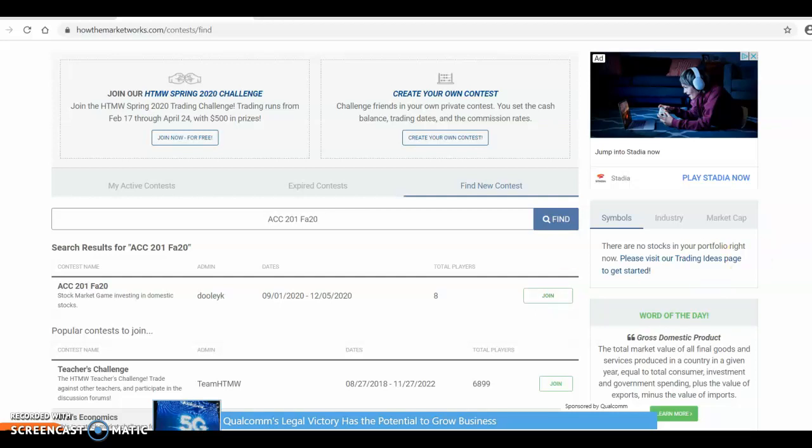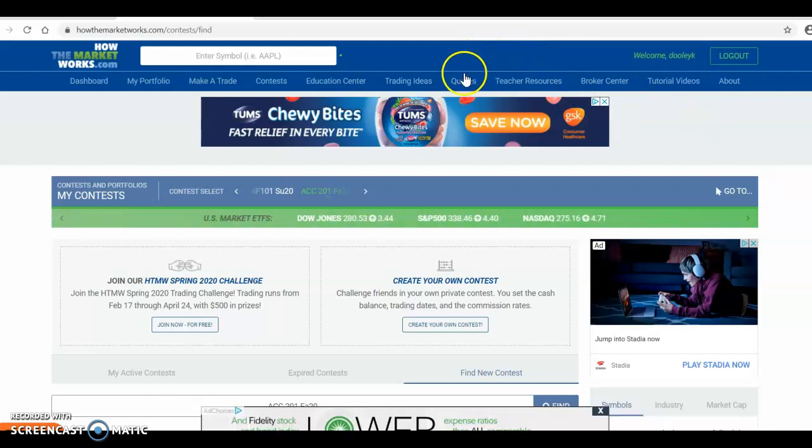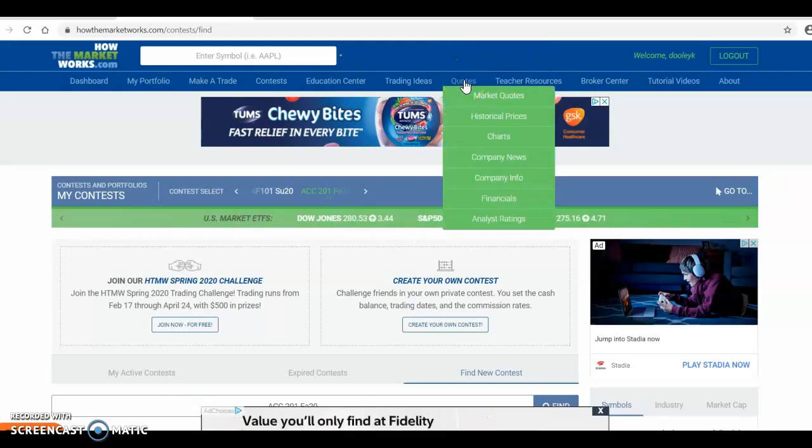Now, let's say you've already joined the contest, and you want to learn about making a trade. First, you're going to need to look at some quotes and figure out what companies you want to buy shares in.